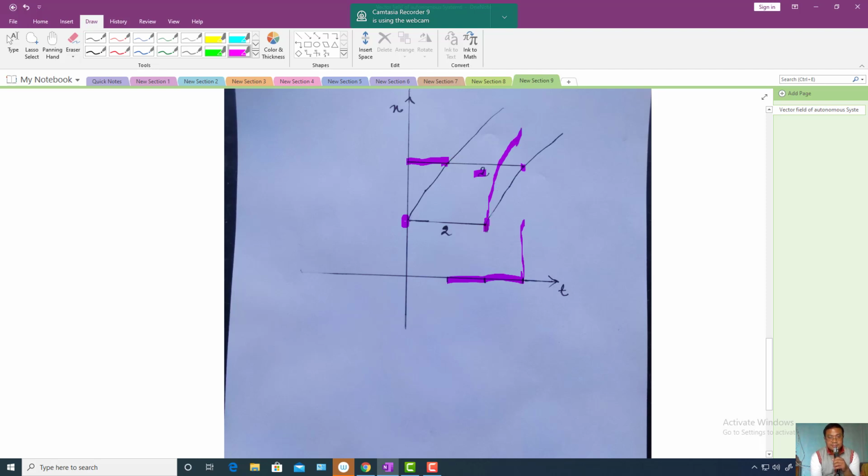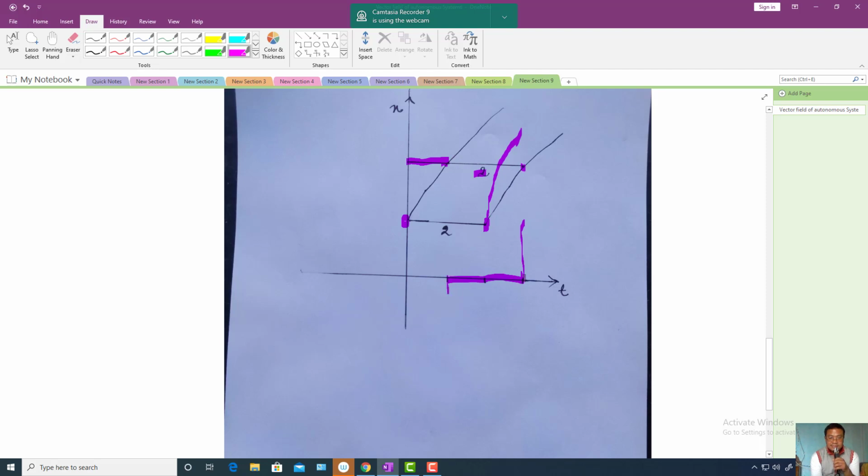Starting from here, a curve like this would not give exactly 2 units, so this cannot be a solution. This will be the solution, so that the difference here is exactly equal to the difference here.